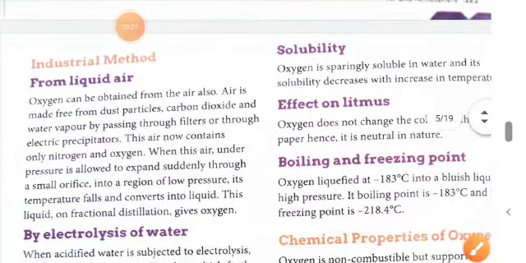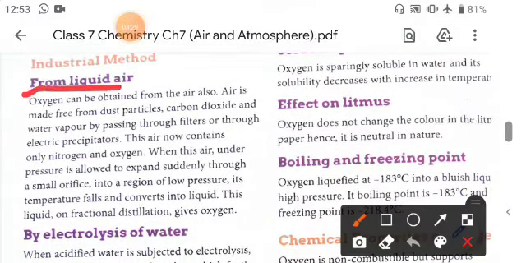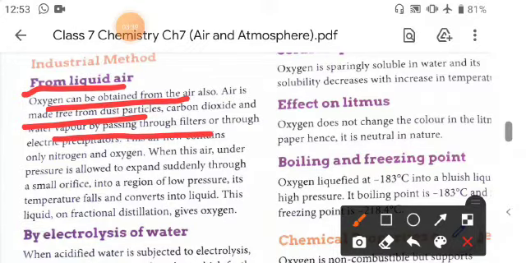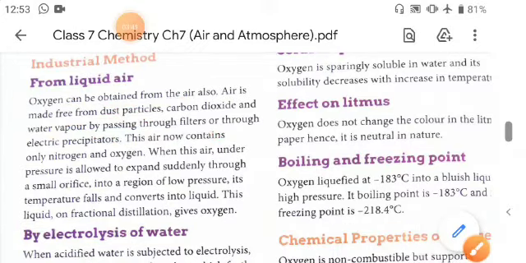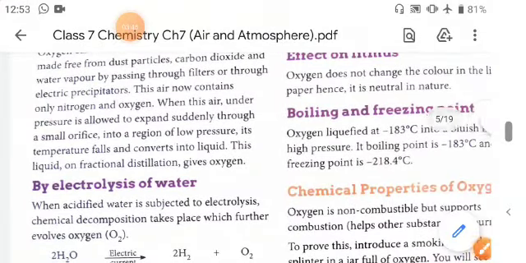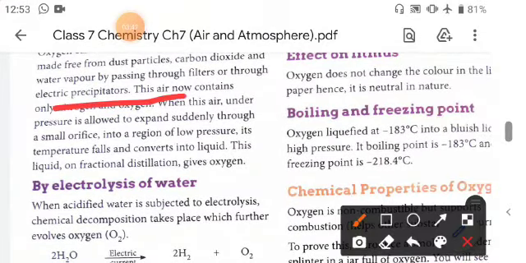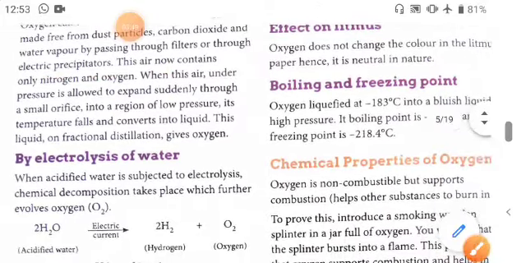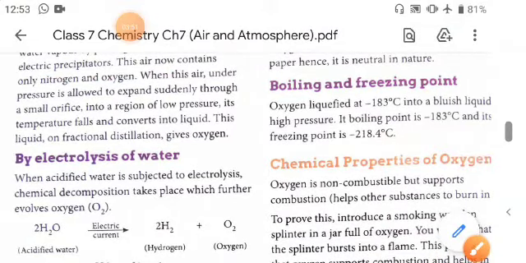Now the industrial method, from liquid air. Oxygen can be obtained from the air also, and air is made free from dust particles, carbon dioxide and water vapor by passing it through filters or electric precipitators. Now this air contains only nitrogen and oxygen.